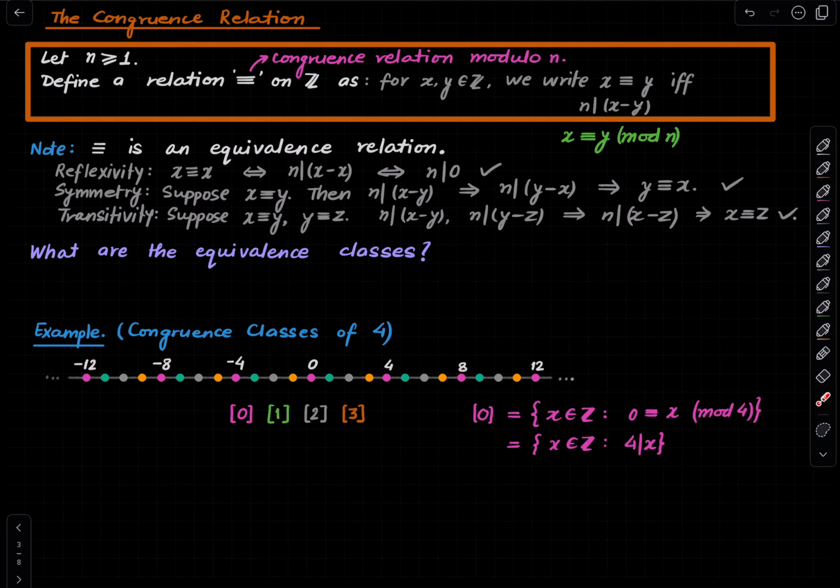What is the equivalence class of 1? The equivalence class of 1 is those integers which are congruent to 1 modulo 4, which is the same as saying 4 should divide x minus 1.